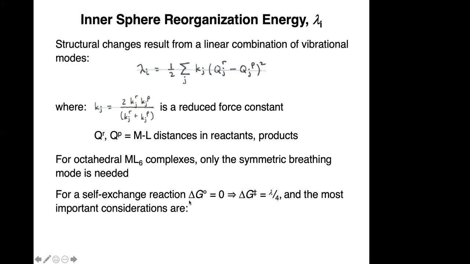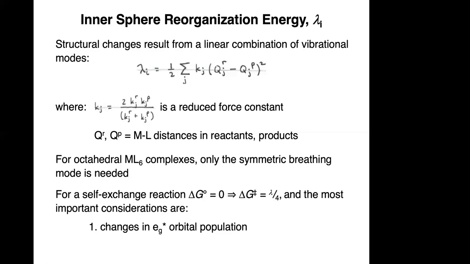And so let's consider now a self-exchange reaction. In a self-exchange reaction, delta G is 0, and you can directly measure the total reorganization energy. The most important consideration in that case will be changes in the bond strength. If electron transfer changes the population of the e_g star orbitals, then that will lead to a significant difference in bond lengths.